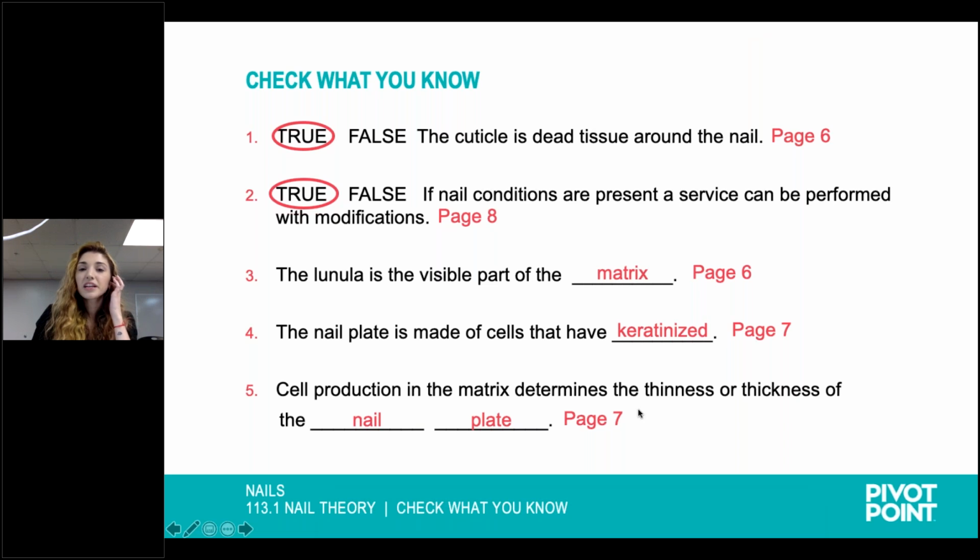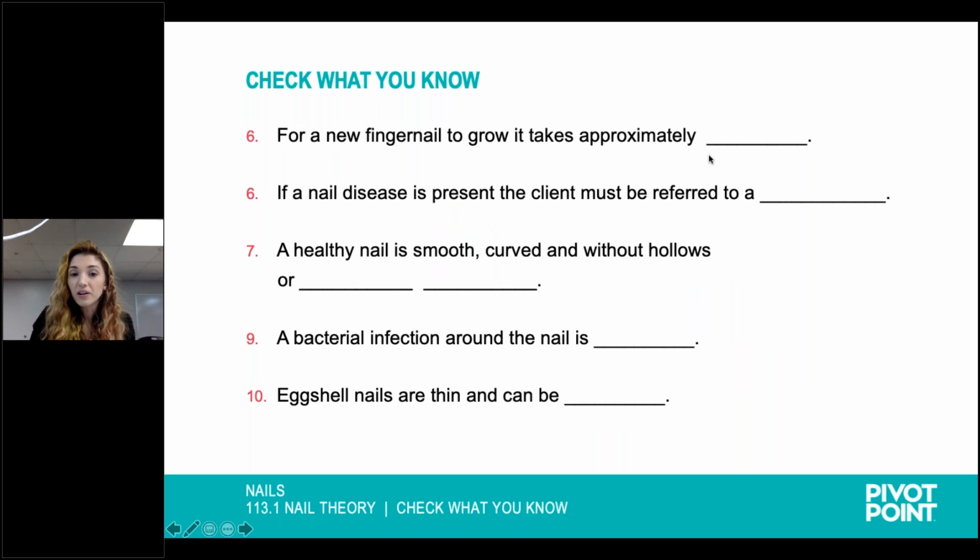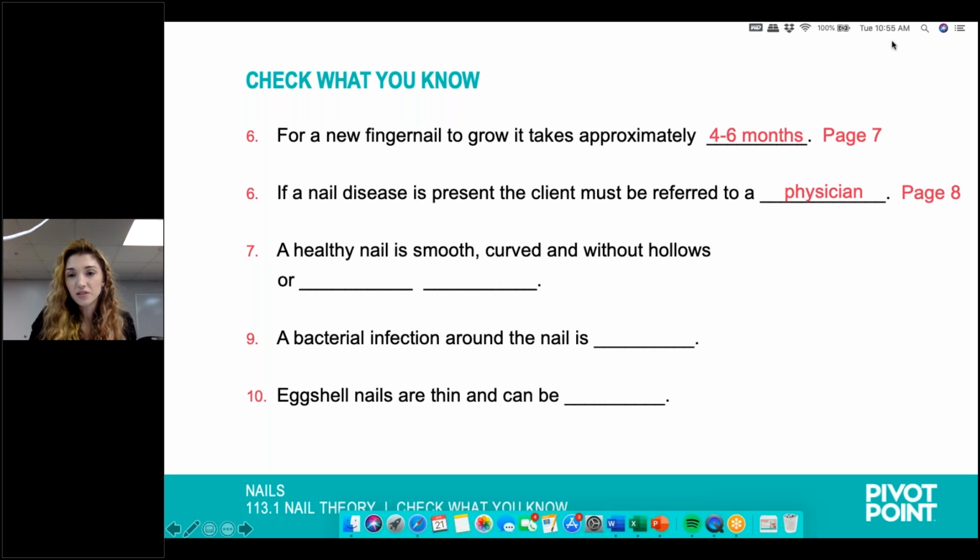For a new fingernail to grow, it takes approximately 4 to 6 months. If it's a toenail, it takes approximately 12 to 18. So your toenails are always going to take longer. If a nail disease is present, the client can be referred to a physician, totally. In fact, I would just say that every time, just to make sure that you're covered.